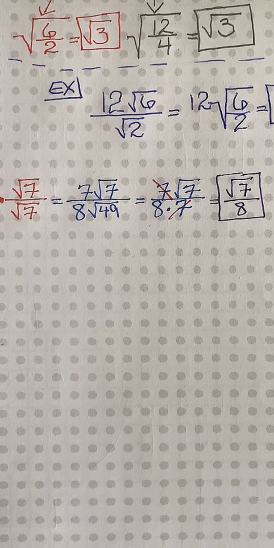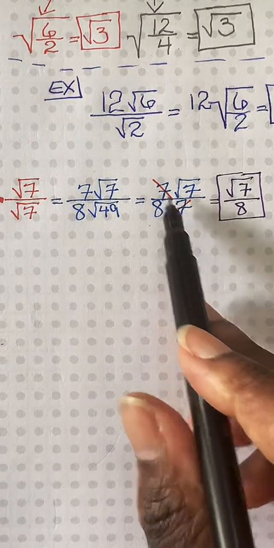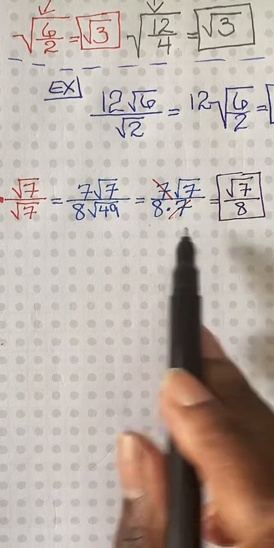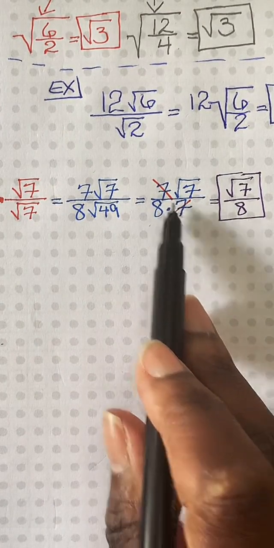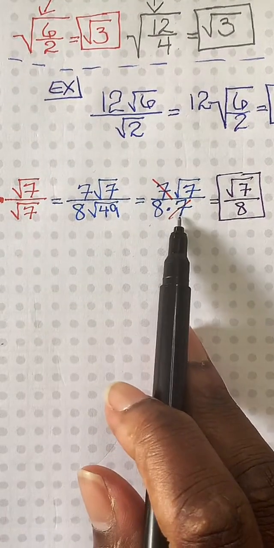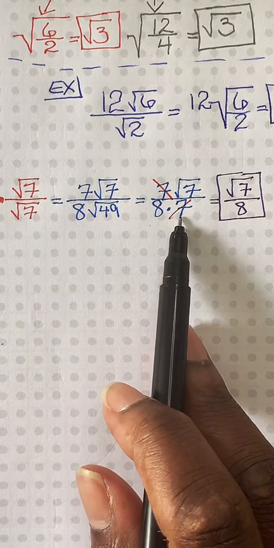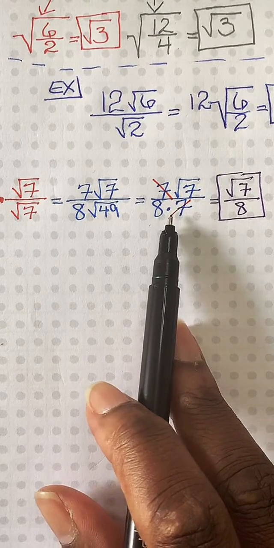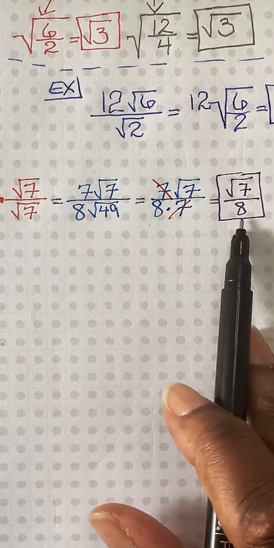Okay, so that root 7 is in the numerator, but the 2 7s here, they can cancel out. Because when you got multiplication and you start dividing, you can cancel out numbers. So you don't have to multiply the 8 and the 7 together to get your 56. And then, what does 7 over 56 reduce to? Oh, that's 1/8. And then you got your 8.